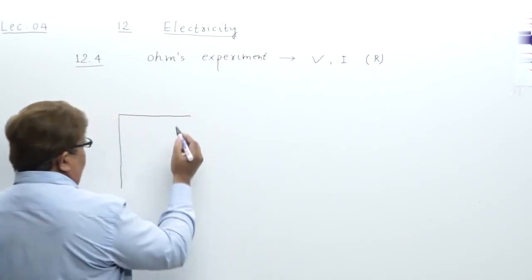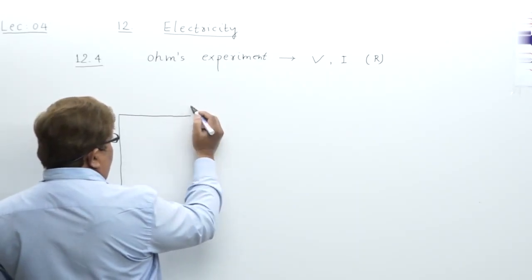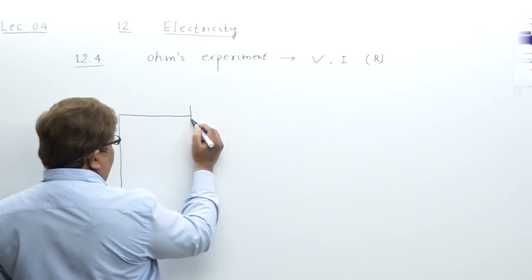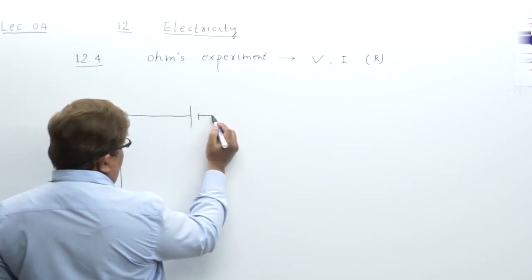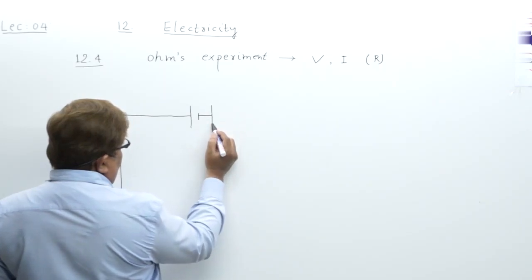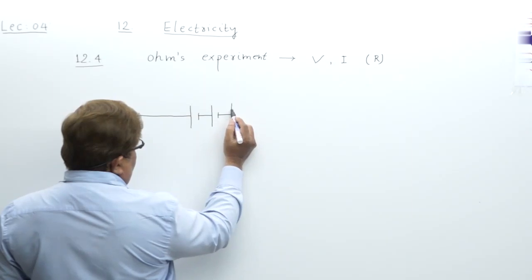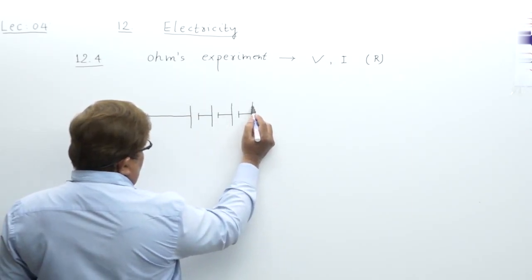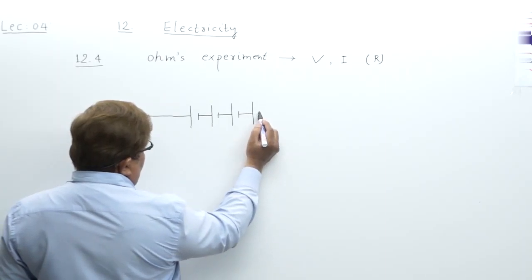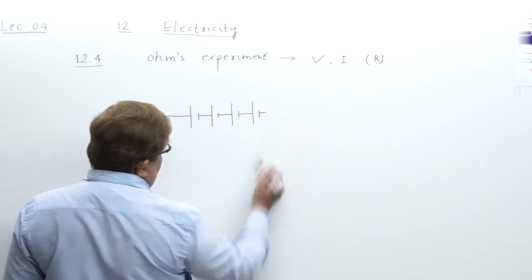This conducting wire is connected with a battery. Battery means, my dear student, you know, a series of cells is called a battery. One cell, then you can show another cell. Battery means series of cells. You understood? Suppose we at least show 4. More also you can show, no problem at all.